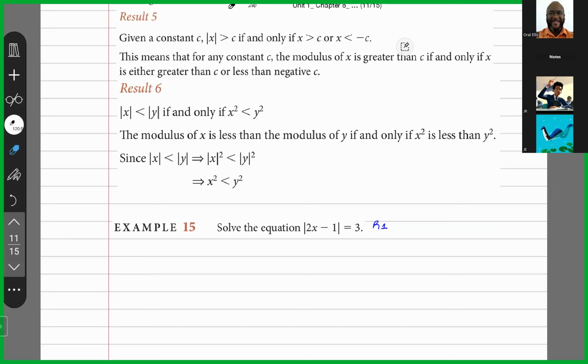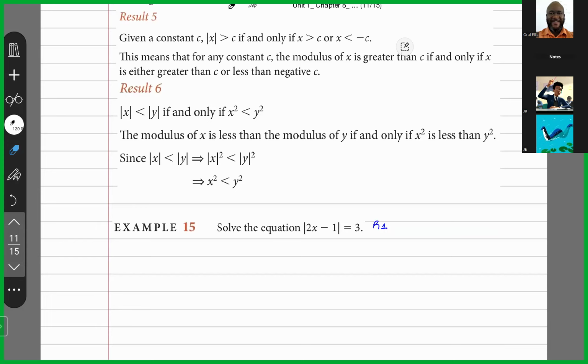Now, since the mod of x is less than the mod of y, the mod of x squared must be less than the mod of y squared, because the mod of x and the mod of y are positive. And then using result 1, we can see that x squared must be less than y squared. So the mod of x is less than the mod of y if and only if x squared is less than y squared.